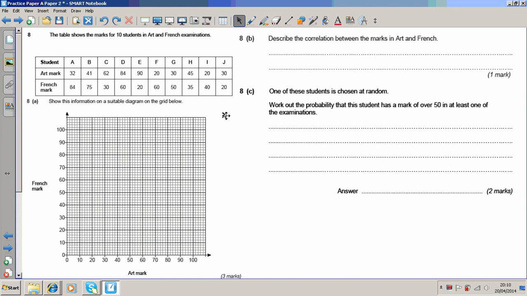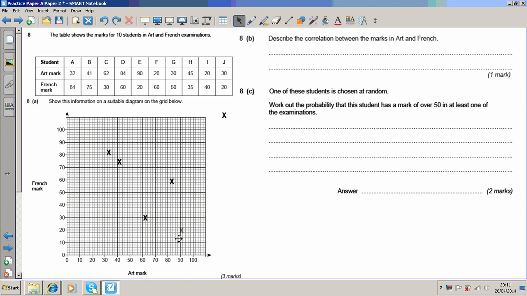Number 8, scatter graph, always fun. So art against French. Art is 32 and French is 84. Art is 41 and French is 75. Art is 62, and French is 30. Art is 84, and French is 16.